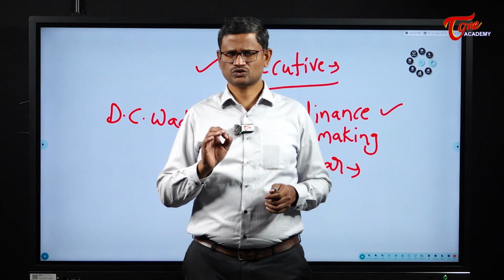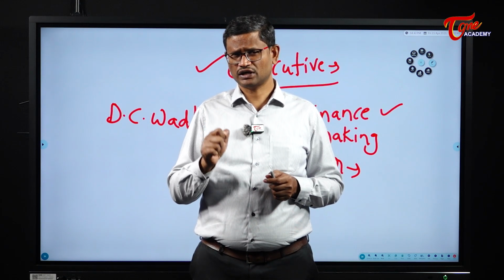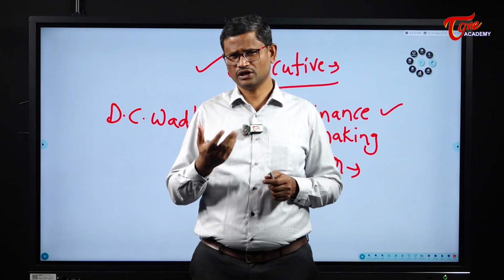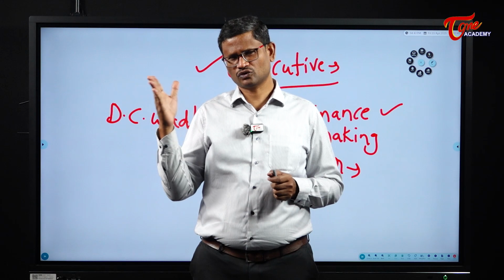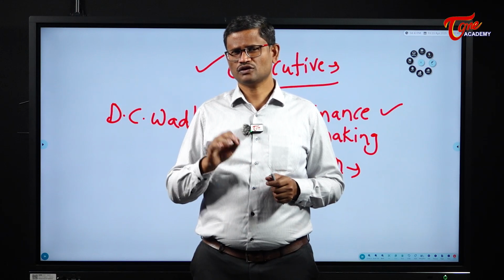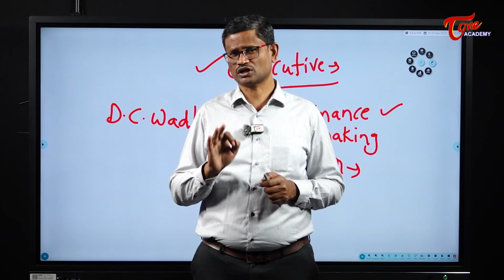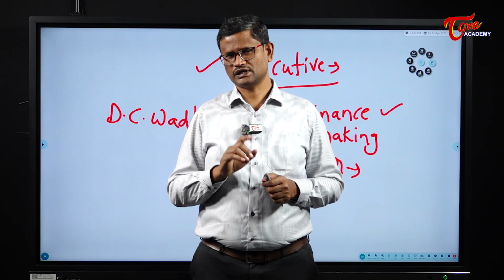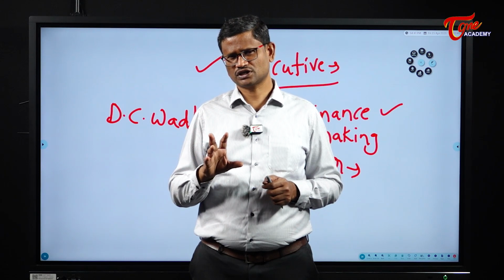In both these cases, the Supreme Court said repeated promulgation of ordinances, promulgating ordinances again and again without taking the matter before the parliament, is a violation of the Indian Constitution. Such ordinances are liable to be struck down. That's what the Supreme Court said. DC Wadhwa versus State of Bihar 1986, Krishna Kumar Singh versus State of Bihar.